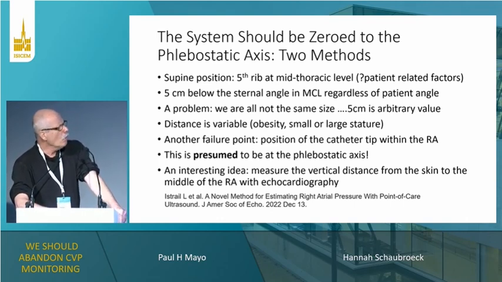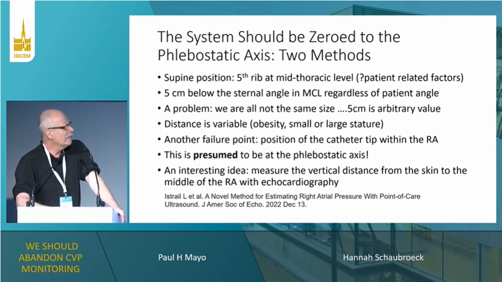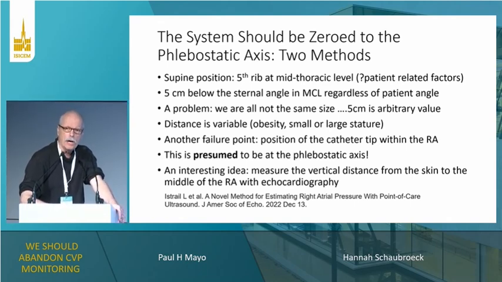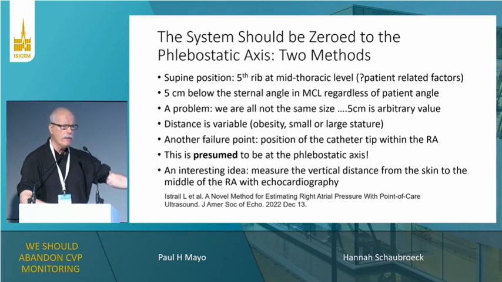And then in some way, if you're a sternal angle person, you're going to find the fifth rib at the mid-thoracic level, which is maybe easy to do if you have time in a skinny person, but in a large person, forget that idea. It's a fantasy. You can't feel the ribs.